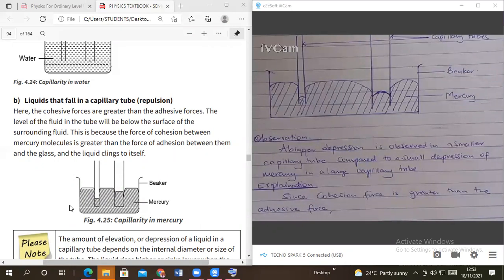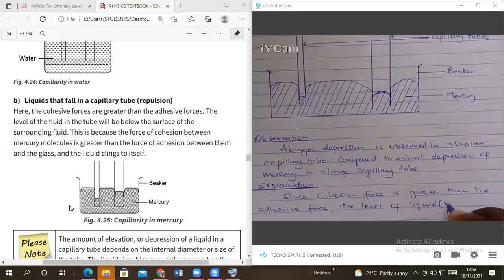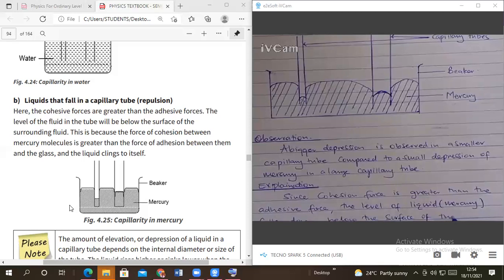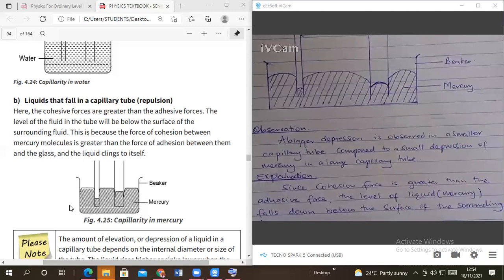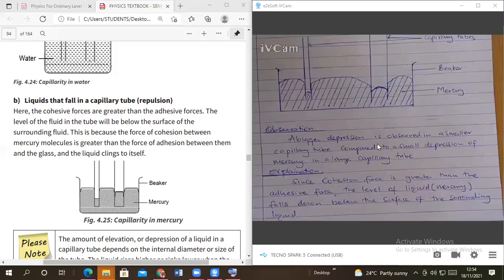So since cohesion force is greater than the adhesion force, the level of the liquid, which this time is mercury, falls down below the surface of the surrounding liquid or fluid.